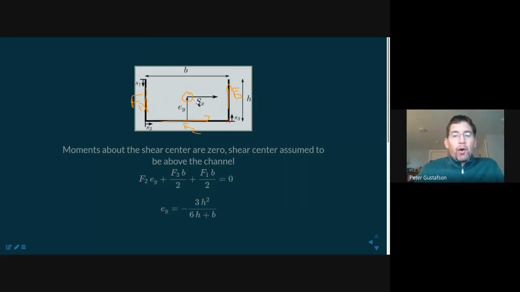In this case, F2 is a distance EY from the moment calculation reference, and F1 and F3 are both distances of B over 2 from that location. All three of these contribute to the positive counterclockwise moment. And so the sum of all those three contributions to the moment must be equal to 0.